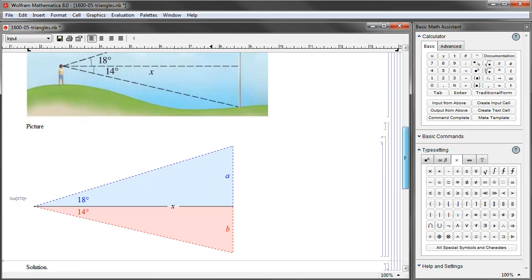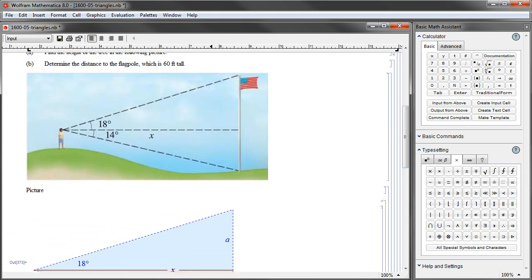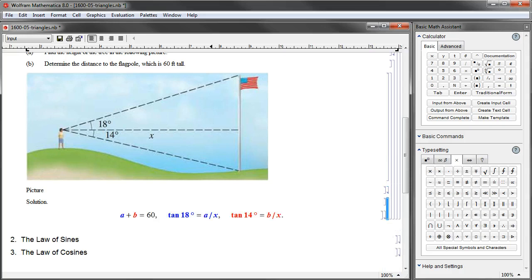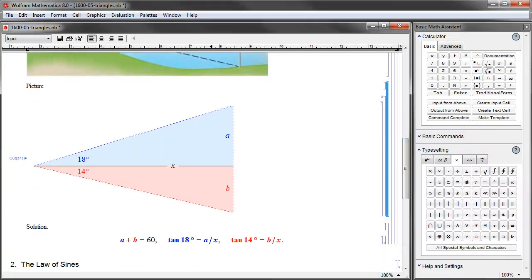And here's the color coding basically. The blue portion, the top portion, and the red portion, the bottom portion, are both right triangles. So we were able to use right angle trigonometry, and it went like this: a plus b, and let's go back to this picture. a plus b is the height of the flagpole, 60, and then what is a?